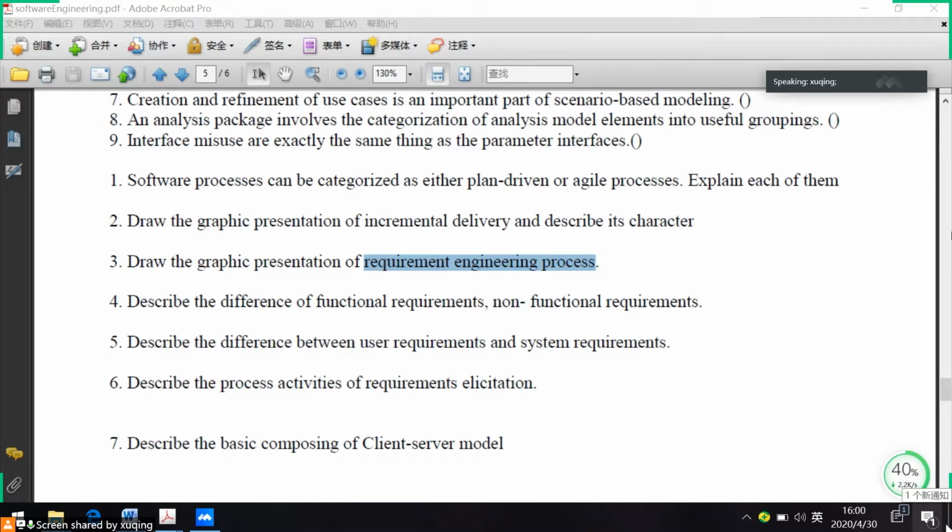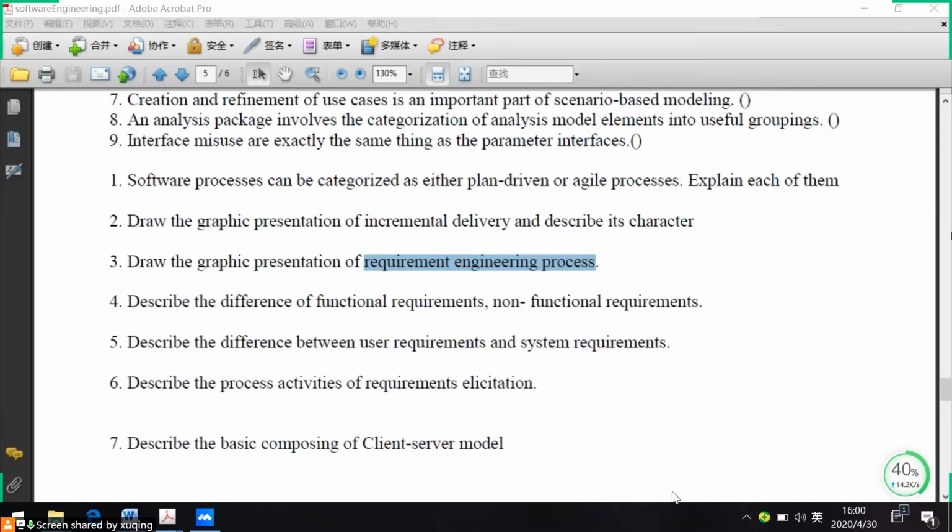Okay, in the requirements engineering process, which 4 main activities are involved?